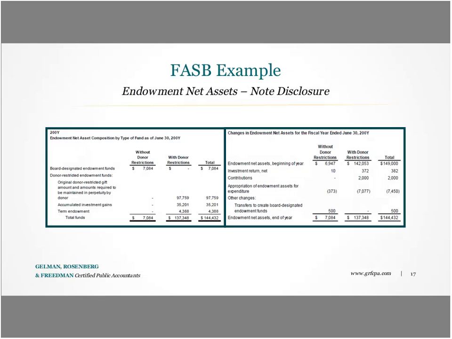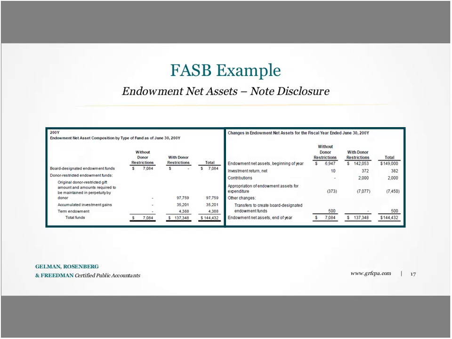Here you'll see an endowment net asset footnote disclosure. Again, taking a look at the table to your left, you see it's broken out between board designated and donor restricted endowment funds. And that first column is the column net assets without donor restrictions. Again, board designated endowed funds are net assets without donor restrictions.